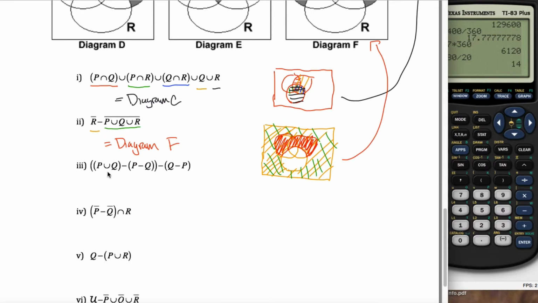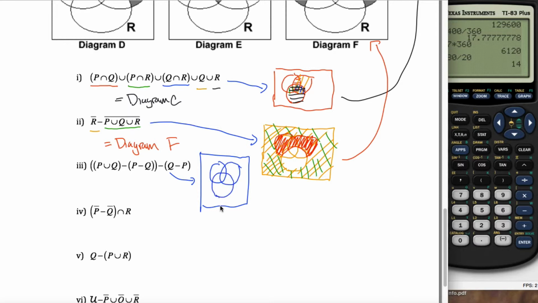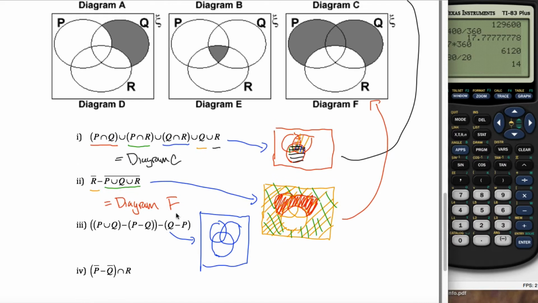On this one, you start with P union Q. Okay, I can do that with a diagram. P union Q is everything that's in these top guys up here, so I've got that in blue.